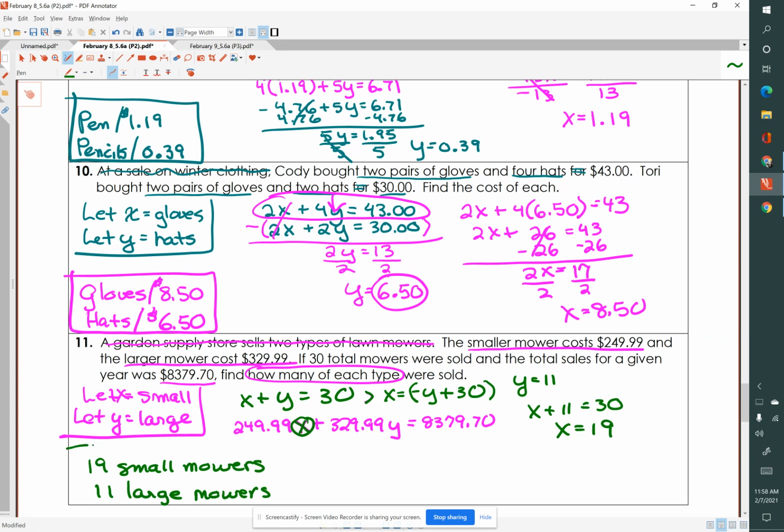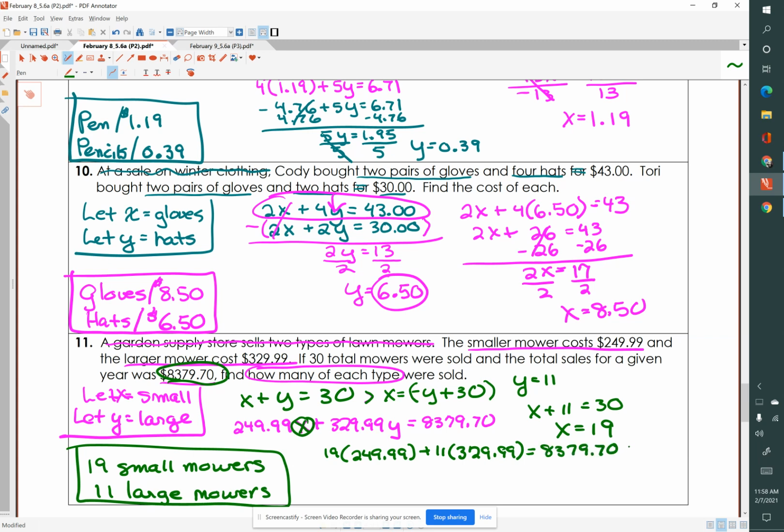Now, how do we check our answer? We take 19 times the cost of the small mower plus 11 times the cost of the large mower, and it should equal this amount in the problem, $8,379.70.